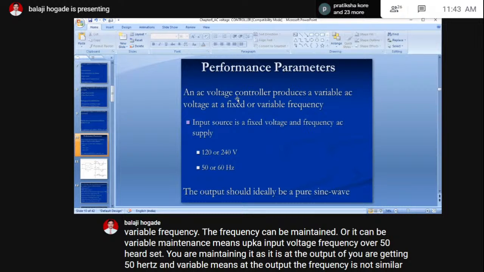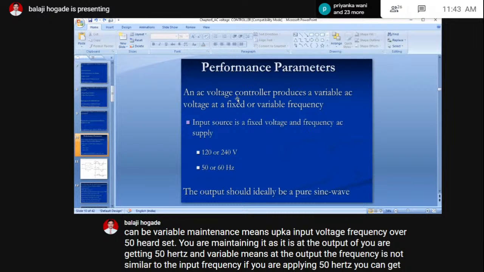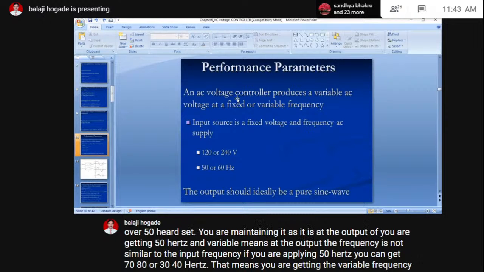If you are applying 50 hertz, you can get 70, 80 or 30, 40 hertz. That means you are getting the variable frequency at the output. So the output voltage or output frequency or both can be varied.